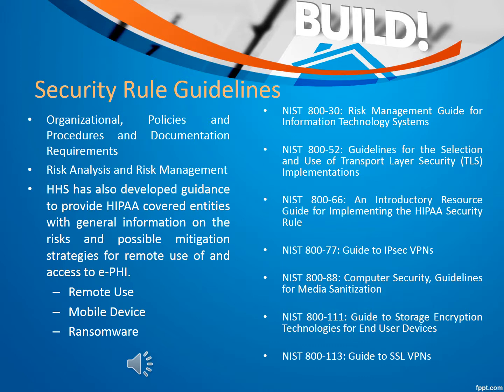The Health and Human Services has also developed guidance to provide HIPAA covered entities with general information on the risk and possible mitigation strategies for remote use of and access to ePHI, which is through remote use or access from a desktop, a laptop, or mobile devices, and more information on ransomware and other viruses.